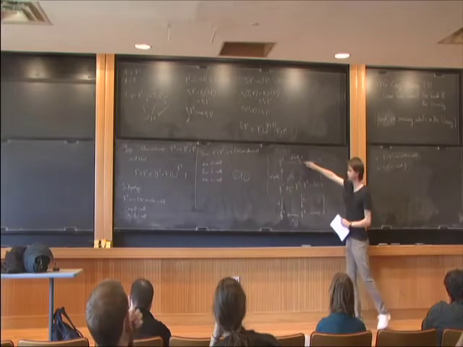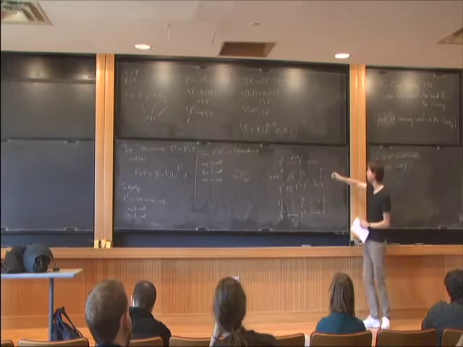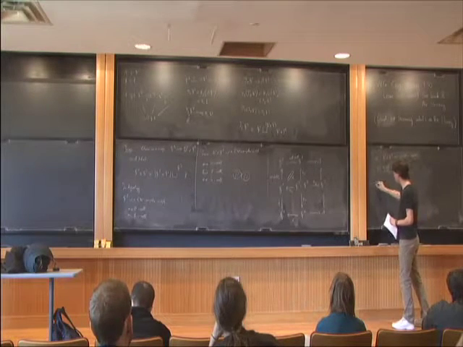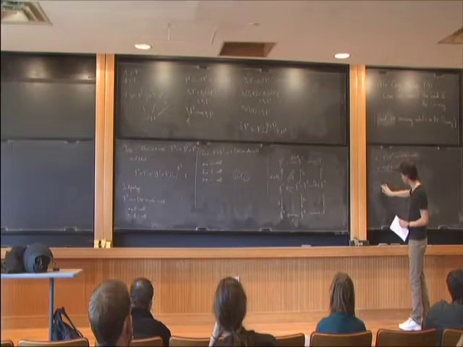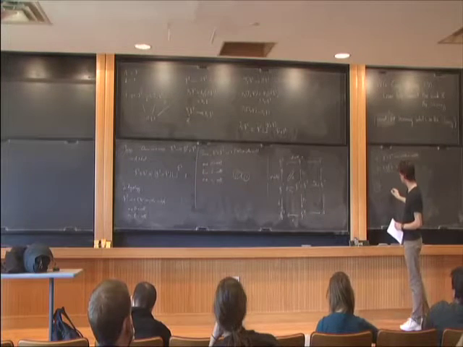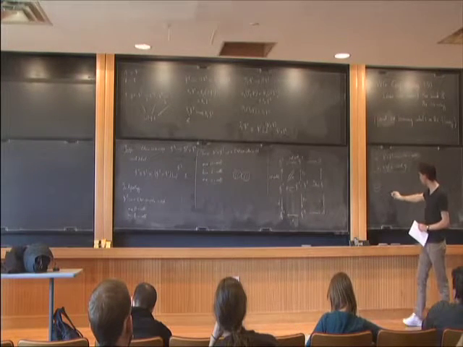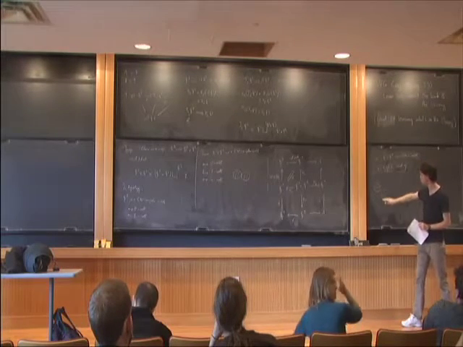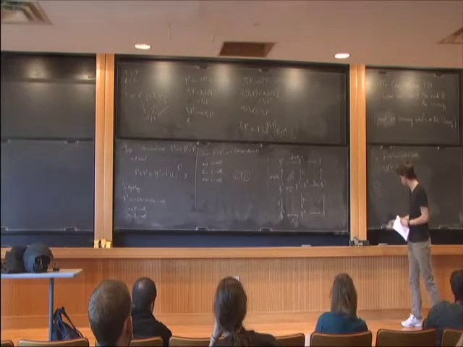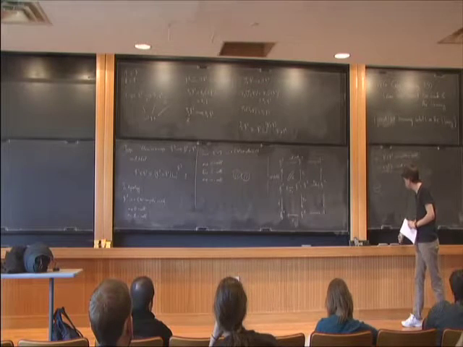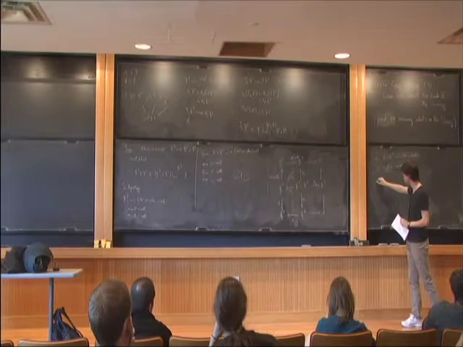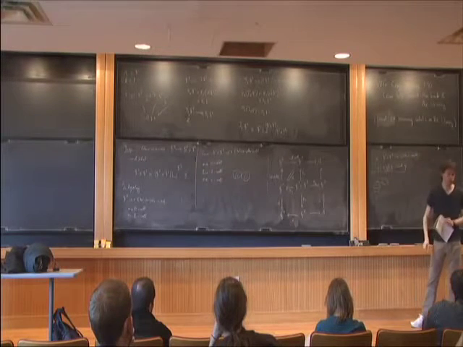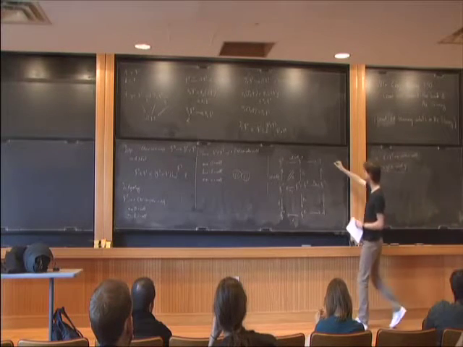So what is the push out of the first row? For the first row, you have S2, and then you have a point, and you have a circle of paths between the point and the north pole. So what you get is S2 wedge S2.